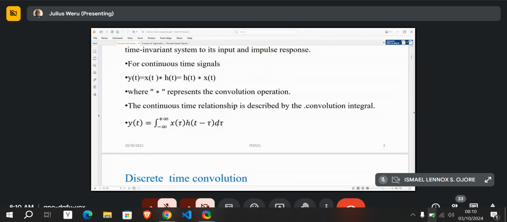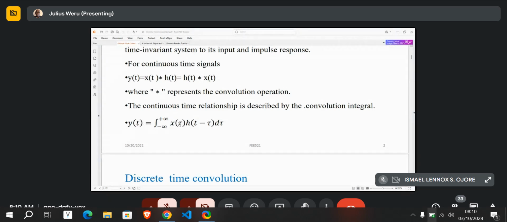Sometimes you can confuse this with the correlation, because the correlation again has almost a similar operation. Of course, in that one, you look at y, how it varies with tau, with the time difference.